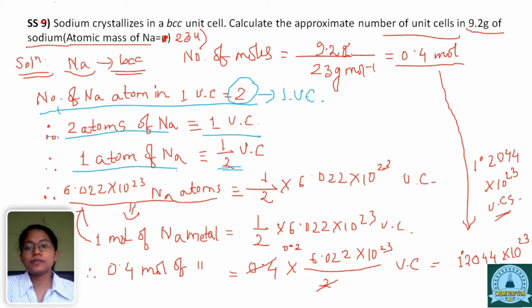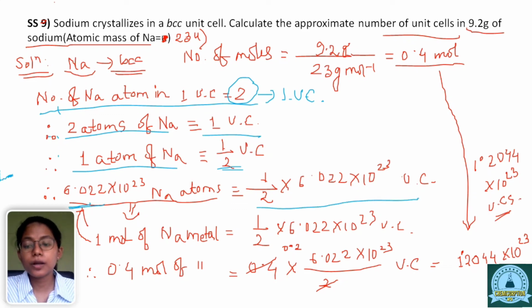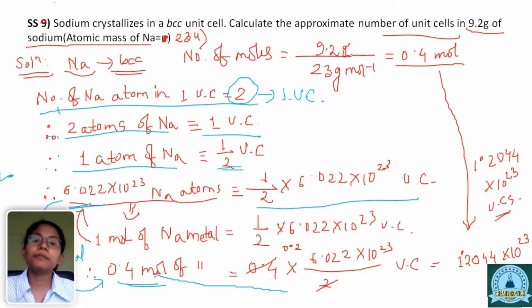So using the unitary method, 6.022 into 10 to the power 23 sodium atoms will have this much unit cell, and 6.022 into 10 to the power 23 sodium atoms are present in 1 mole of sodium metal. So for 0.4 mole it will be like this. You just use the unitary method you have been using from your class 7 or class 8. So apply it and you will get the answer.